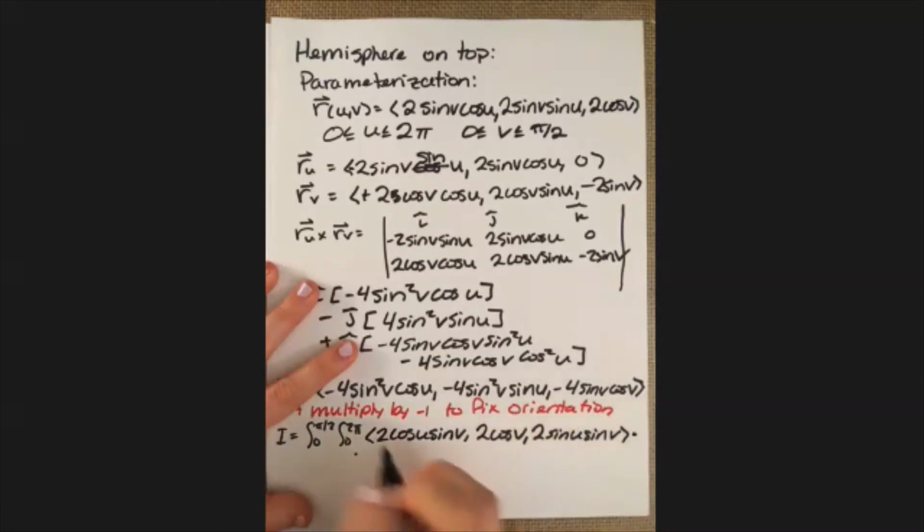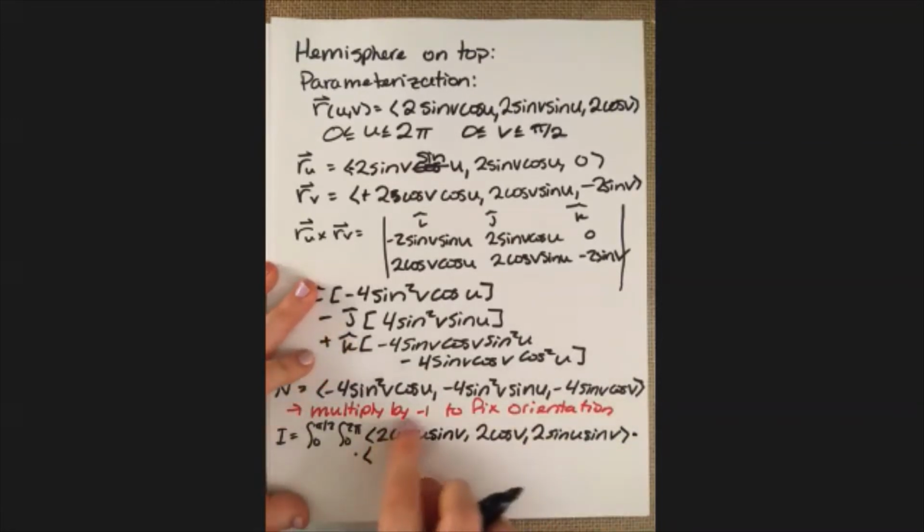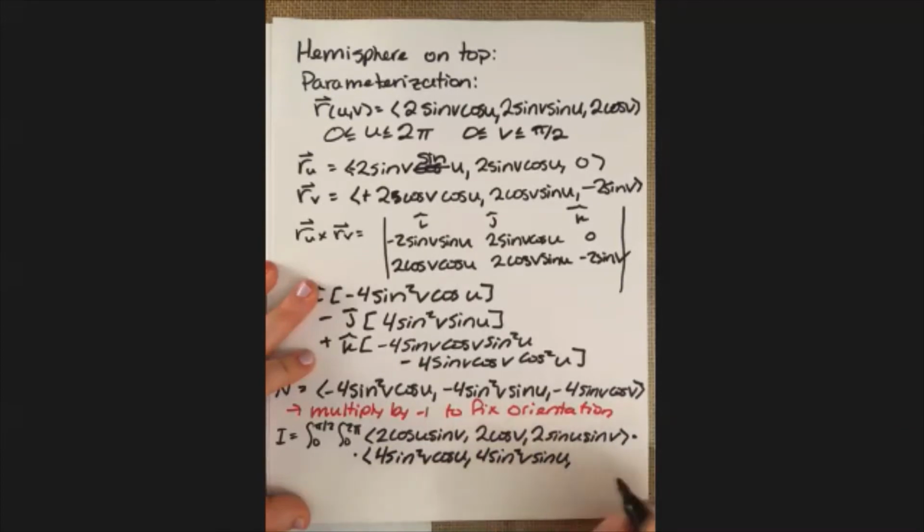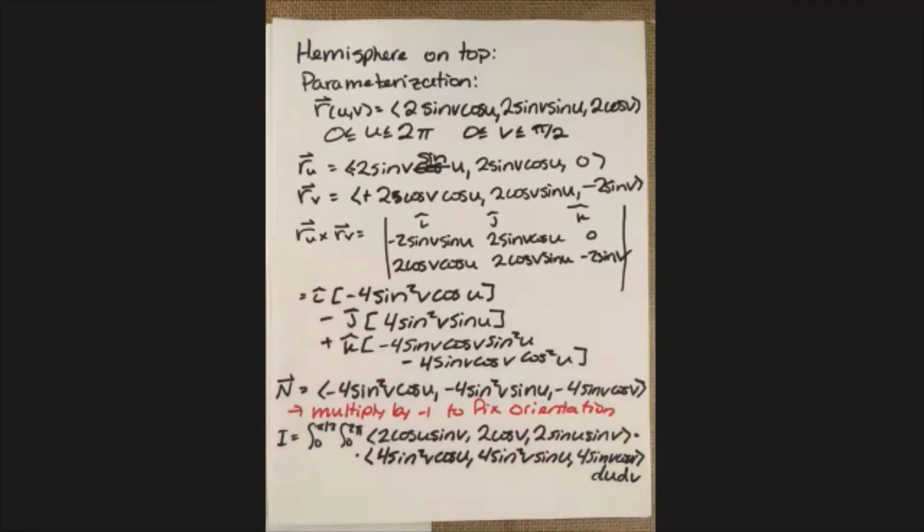And then we're dotting that with our normal vector that we multiplied by negative 1 to correct the orientation. So we have 4 sine squared v cosine u, 4 sine squared v sine u, and 4 sine v cosine v. And then there's a du dv here as well.